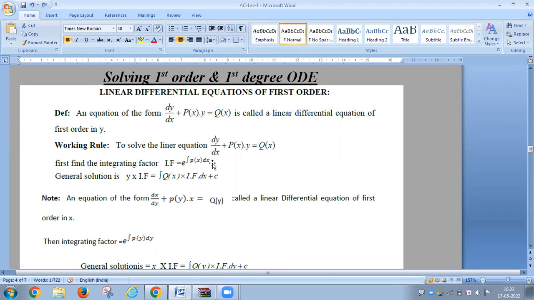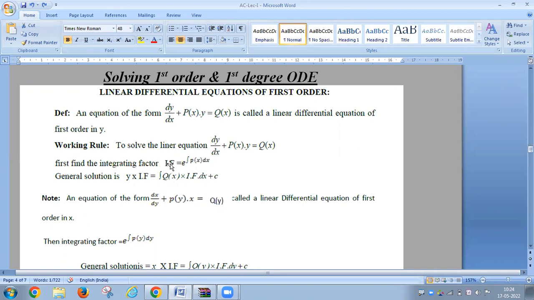A differential equation of the form dy by dx plus p into y equal to q is called a linear differential equation, where p and q are functions of x.